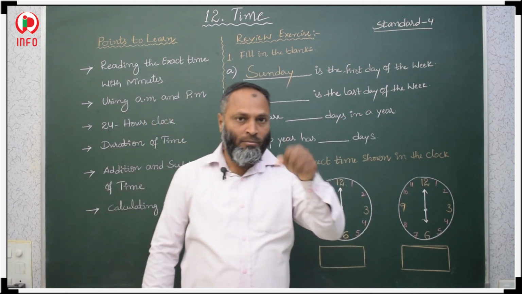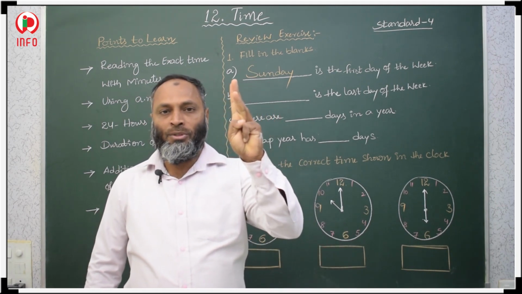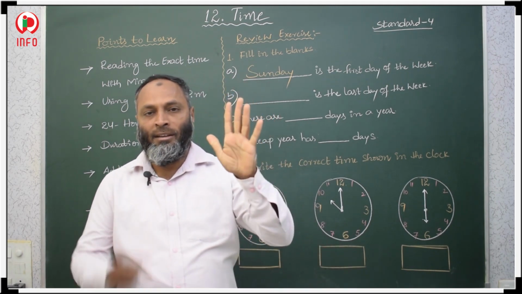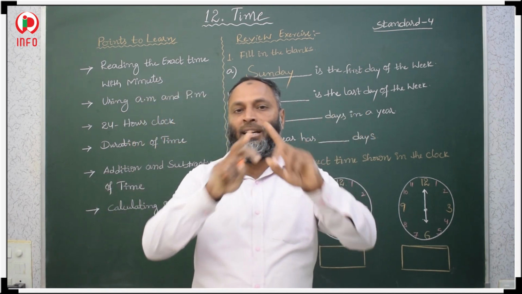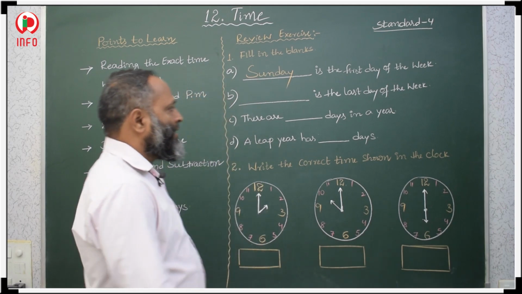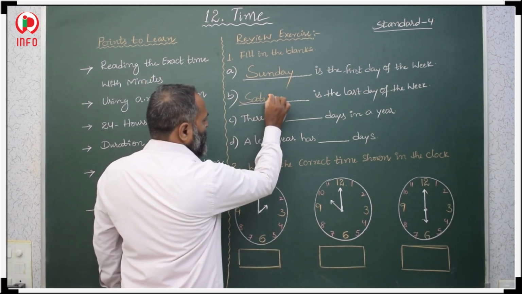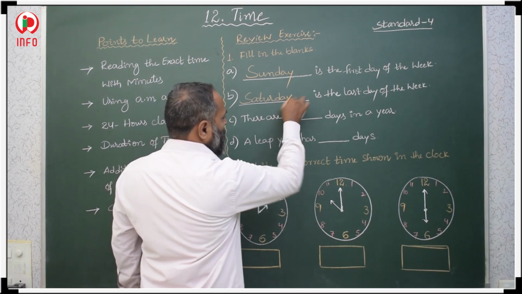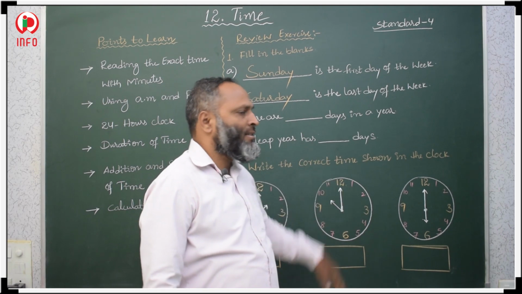First you read the weekdays: Sunday, Monday, Tuesday, Wednesday, Thursday, Friday and Saturday. Saturday is the last day. A week has 7 days. In that, the first day is Sunday and the last day is Saturday.